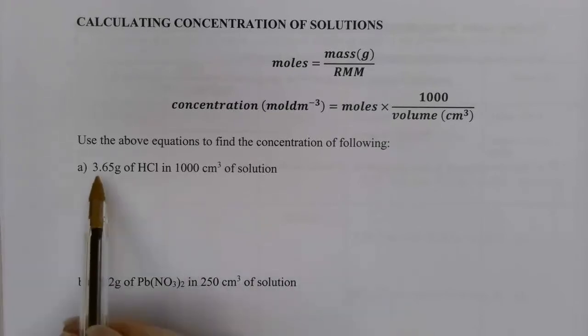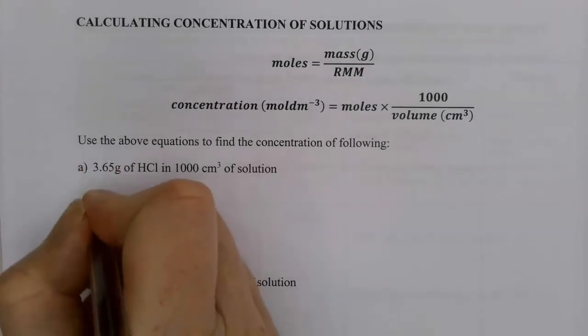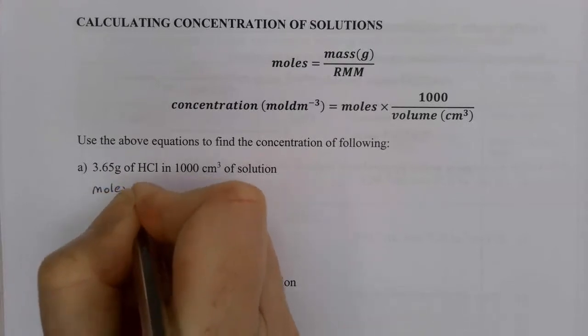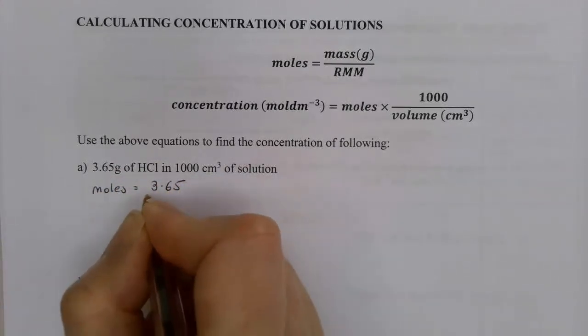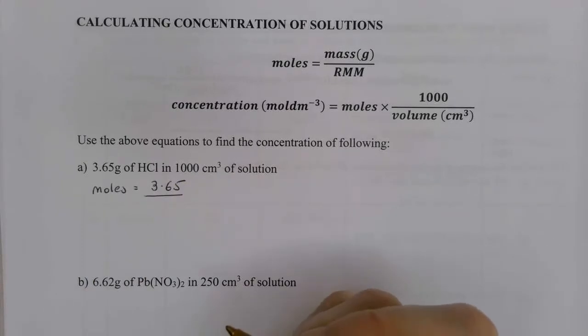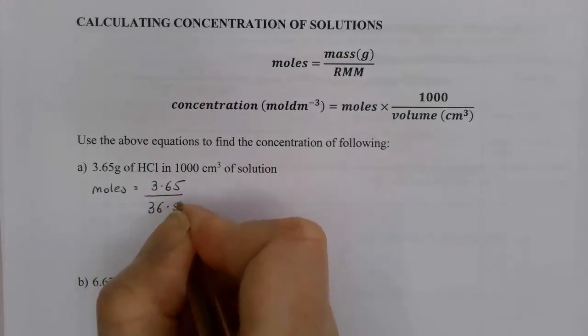So we're asked to work out the concentration of this HCl solution, hydrochloric acid. So the first thing I'm going to do is work out the number of moles. Well, I've been given the grams, and that's 3.65, divided by the RMM of HCl, which is 36.5.